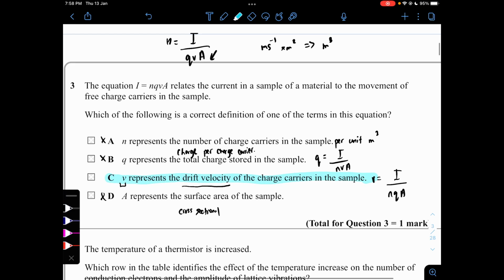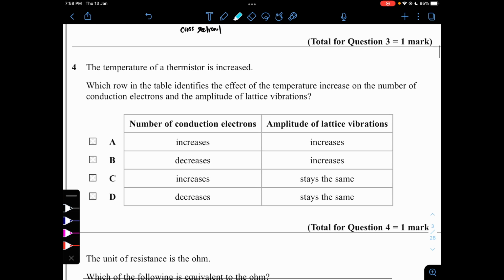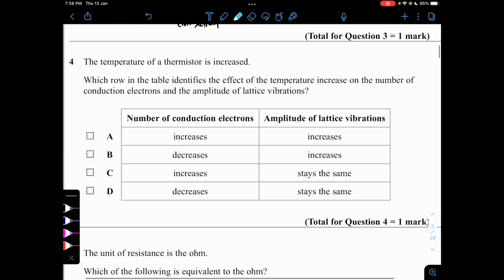Alright, let's move on to question number 4. So we have the temperature of a thermistor is increased. Which row in the table identifies the effect of the temperature increase on the number of conduction electrons and the amplitude of lattice vibrations? Now what is this question talking about?